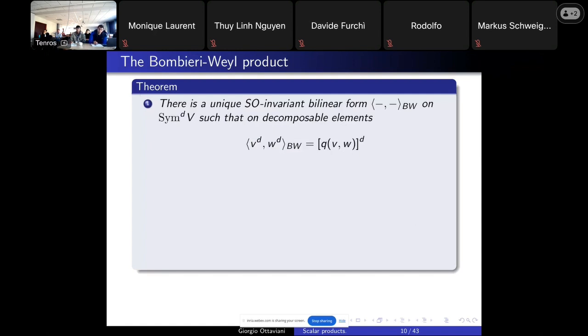And you can repeat the same objection I said before. It's not obvious that such a thing exists, because it's true that any polynomial is a sum of these. And this condition obviously implies uniqueness, so there is a unique product satisfying this. But why should it exist? Because this case is well known, we have many different combinations.